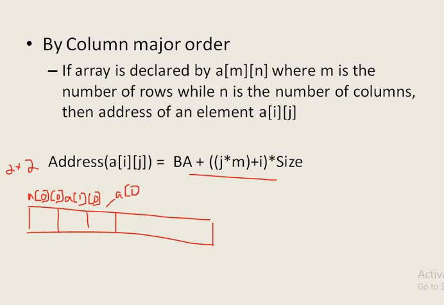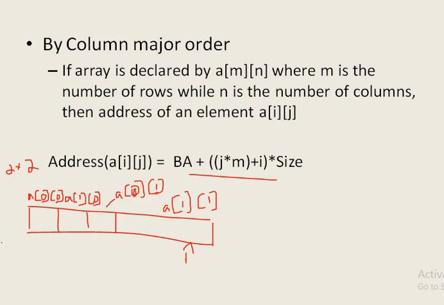That is 0, 1. And here you are storing the fourth element, that is 1, 1. Okay. If you want to find the address of this particular element, you can apply this formula.